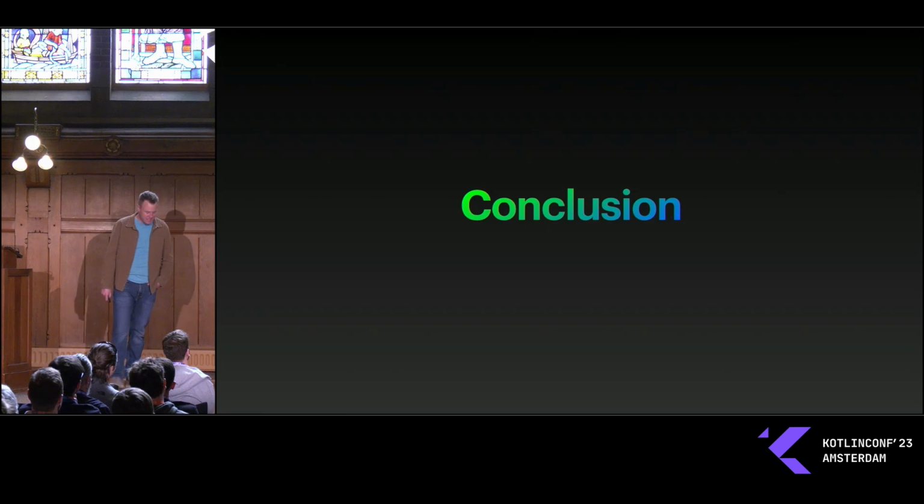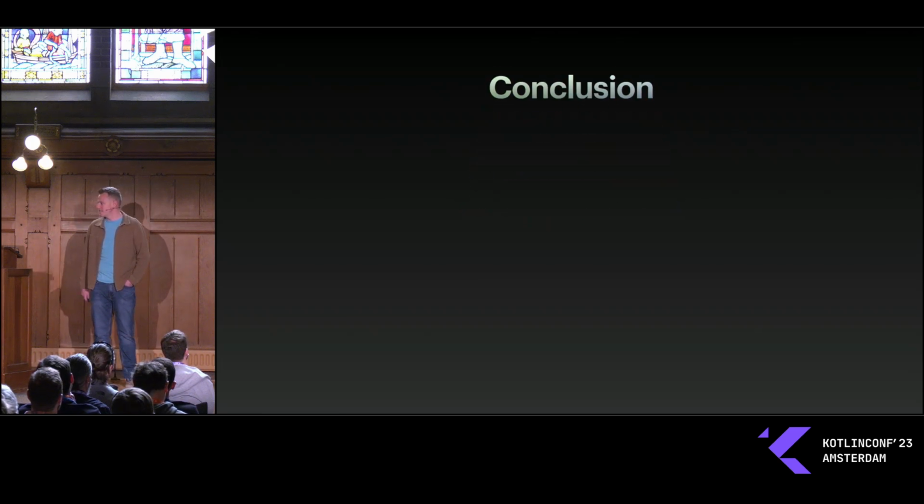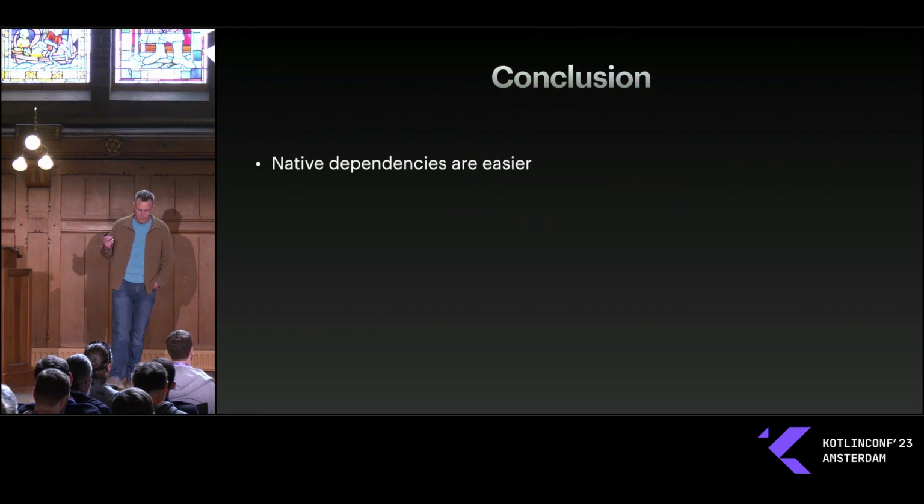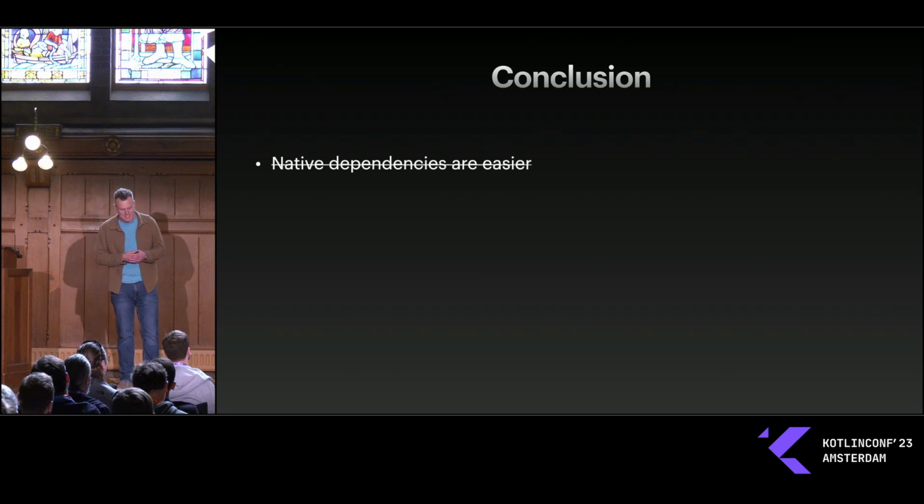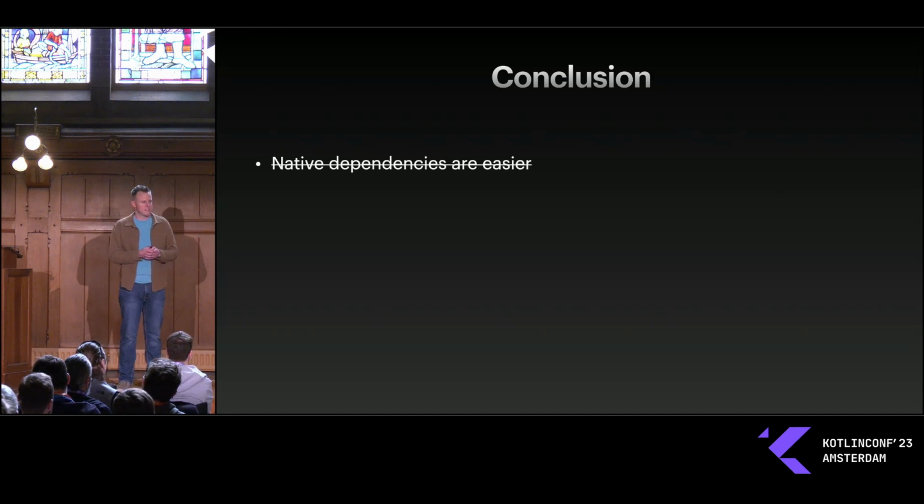And so in the last few minutes, just to finish up and recap, I went into this thinking that native dependencies might be a little easier to manage, and that definitely turned out not to be the case. It can be okay, but you make a trade-off where you end up having to deal with a lot of things like memory management and non-idiomatic APIs.